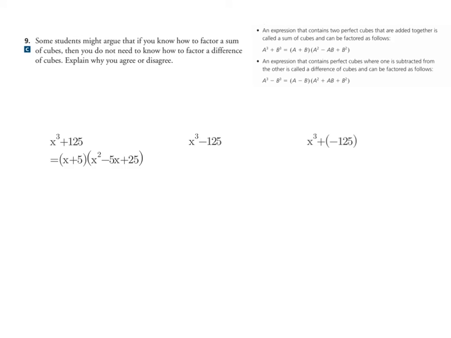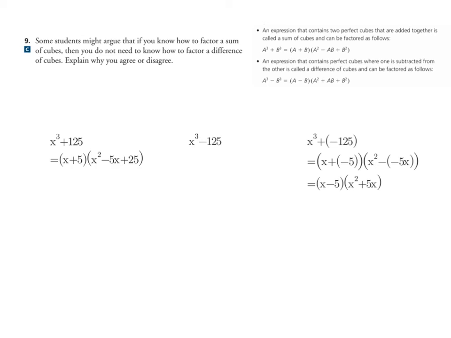Well, I could do the same thing over here. x cubed plus the negative 5 cubed is just going to be x plus negative 5, or you can just write x minus 5, times x squared minus x times negative 5. Well, that's going to be negative 5x. Well, minus negative 5x will just be plus 5x.